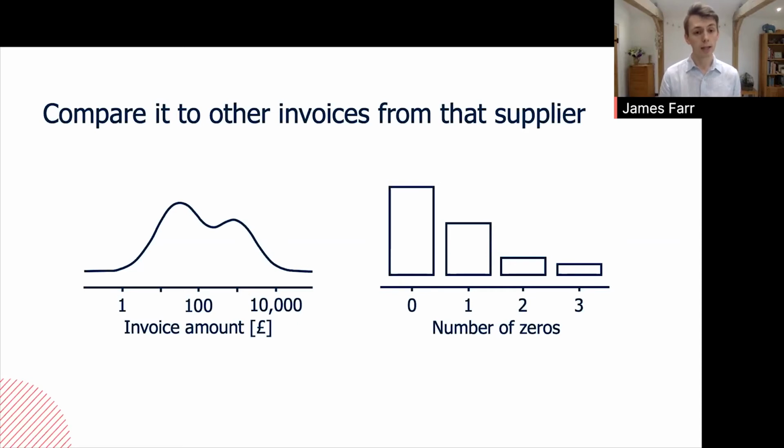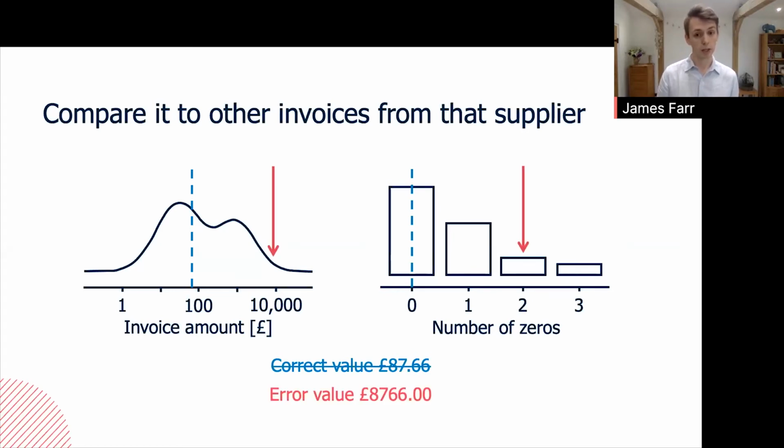What we then hope is that correct invoices will sit nicely near to the peaks of these distributions, and indeed in Bob's case, the correct value of £87.66 sits in the middle of the distribution on the left and clearly matches most of the other invoices from this supplier in that it has no zeros at the end of the amount. On the other hand, we also hope that anomalous invoices will sit much closer to the edges of these distributions. In this case, the error value of £8,766 clearly sits near the edges of these two distributions and so should really immediately raise our suspicions.